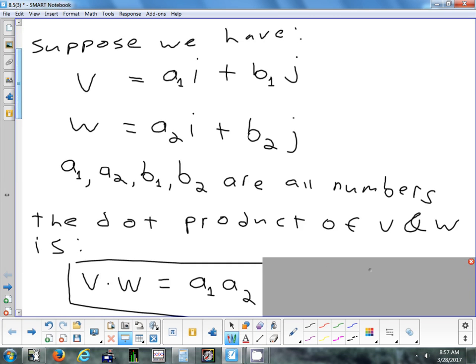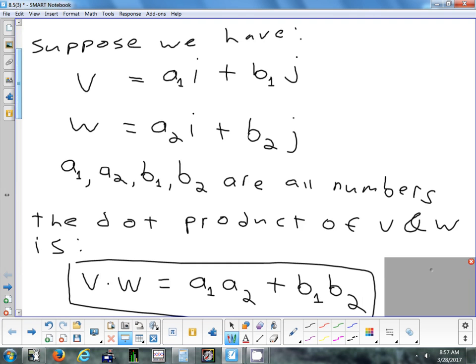Then take the vertical components, B1 and B2, multiply those together, and then add the result. That's how you find a dot product. Multiply the horizontal components, multiply the vertical components separately, and then add the 2 results.